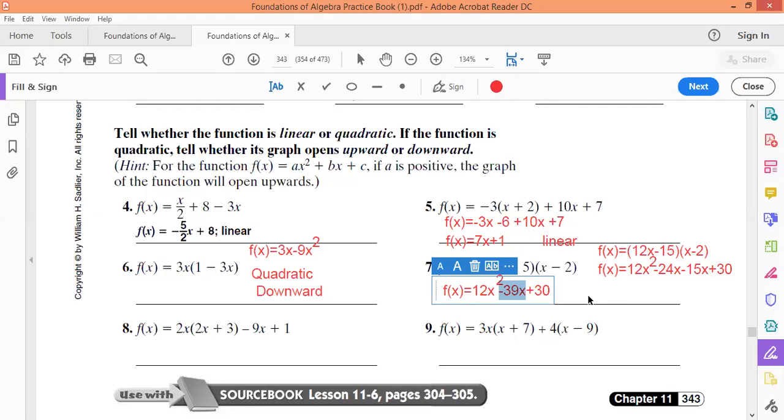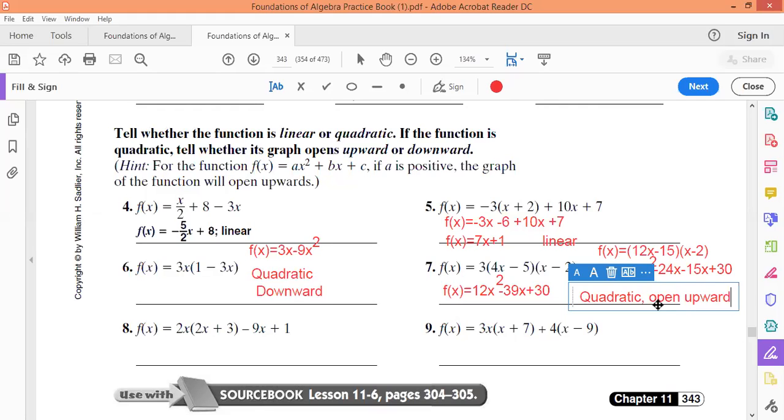This is quadratic, because here the maximum power of x is 2. So we will write it is quadratic. Upward or downward? Upward, because there is 12 beside x square. Is 12 negative or positive? Positive. So it will open upward.